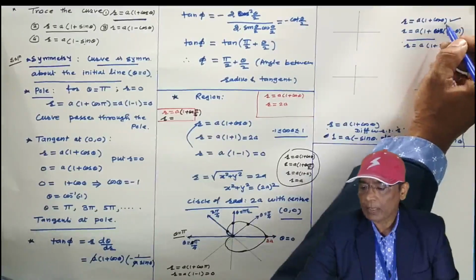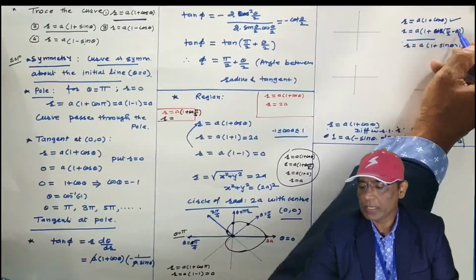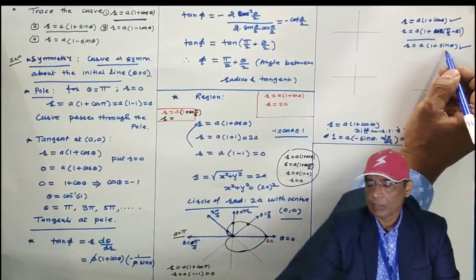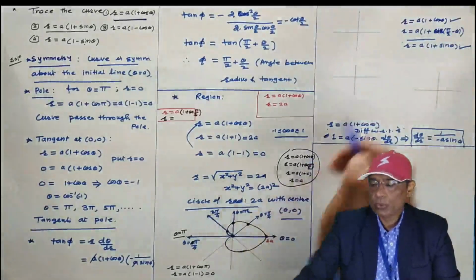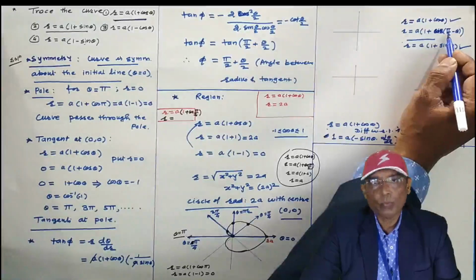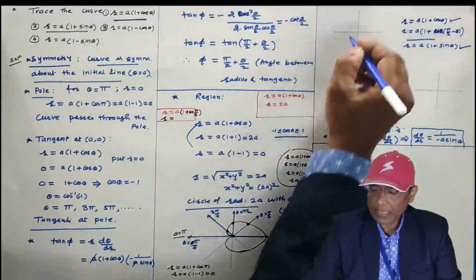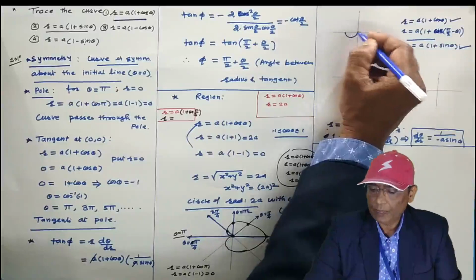If you subtract this angle from pi by 2, cos of (pi by 2 minus theta) is sine theta. So this curve I am going to rotate through pi by 2 angle, through 90 degree angle in anti-clockwise direction. If you rotate this in anti-clockwise direction, what will happen? In this way.